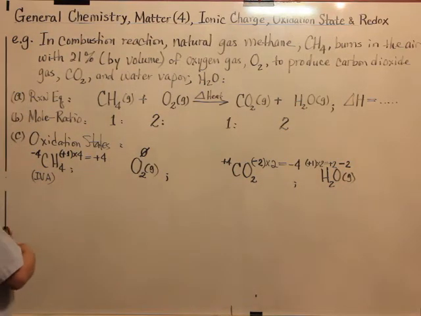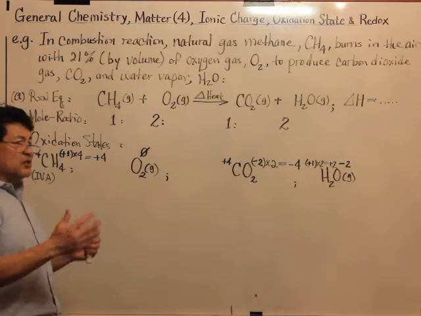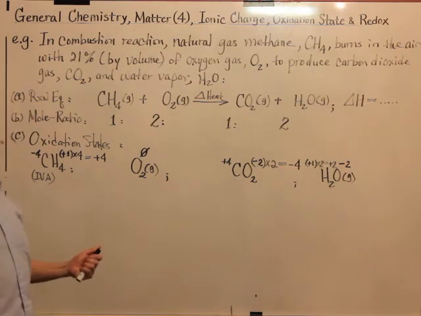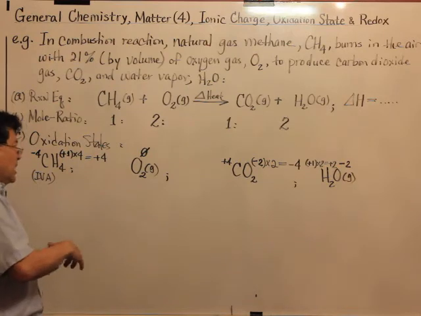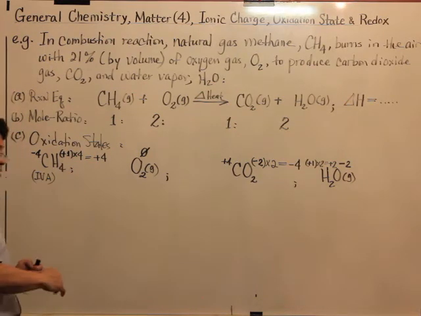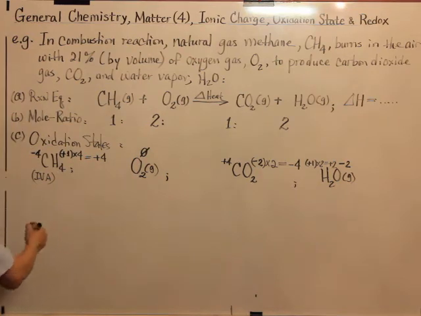So now we try to find out what happened. If you want to find out the oxidation state change, it must have involved electron transfer. In this case, how many electrons will be involved, where do they come from, and where do they go to, right? So let's figure that out.